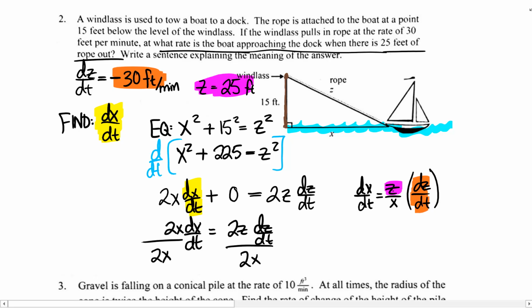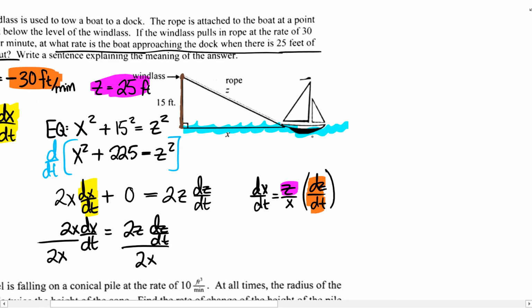That's why I will plug in 25 for z. But if I know what z is at this moment in time, I can find out what x is at this moment in time because I have a relationship between x and z, the Pythagorean theorem. So when z is 25, what is x?